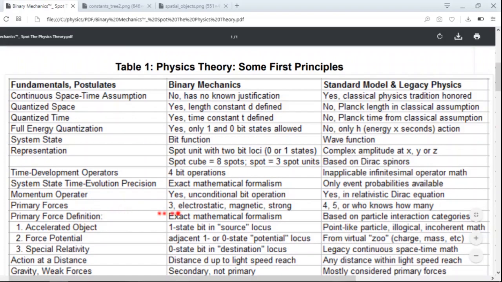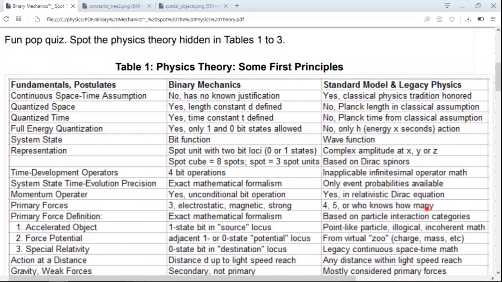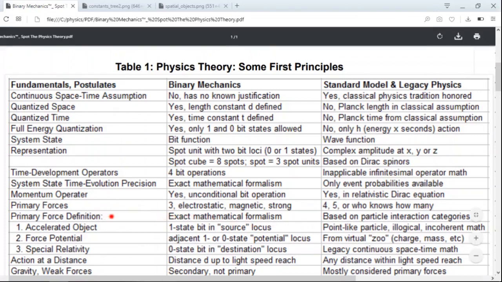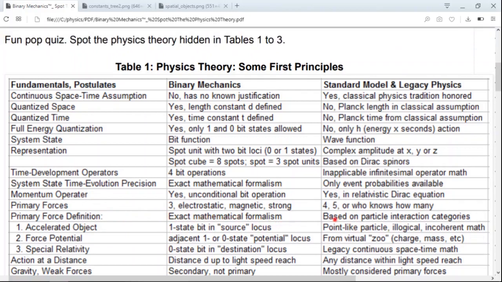The primary forces, we have 3 in binary mechanics: electrostatic, magnetic, and strong, whereas there's 4, 5, or who knows how many in the standard model and legacy physics. Why? Because they're looking at particle interactions, which is a very chaotic, non-systematic way to define forces in physics. The primary force definitions are exact mathematical formalism in binary mechanics, whereas in the past it was based upon particle interaction categories.